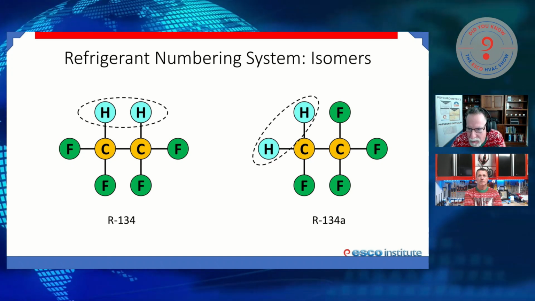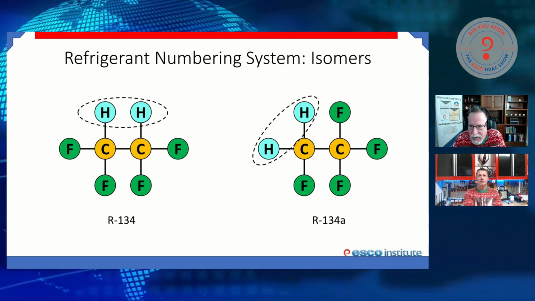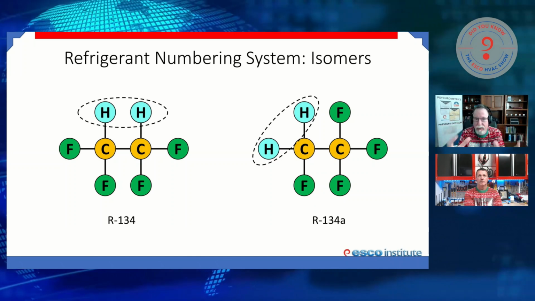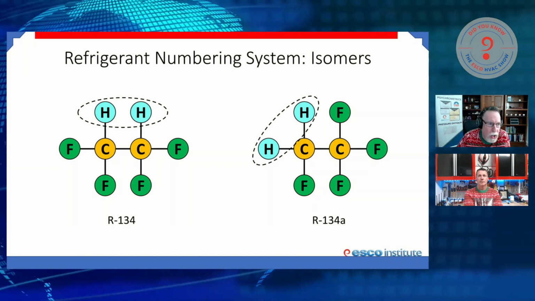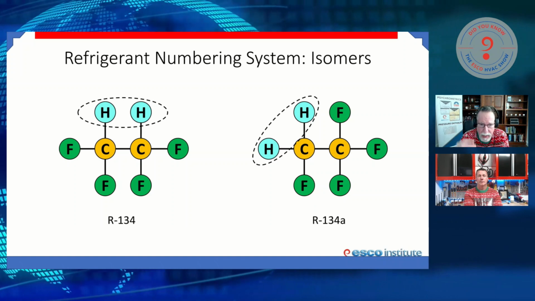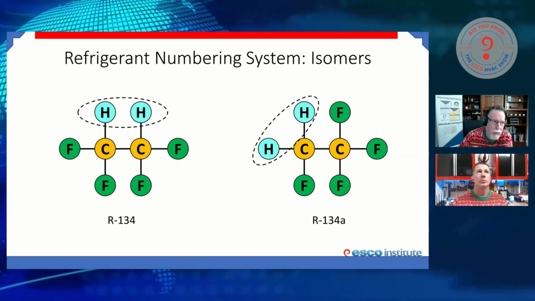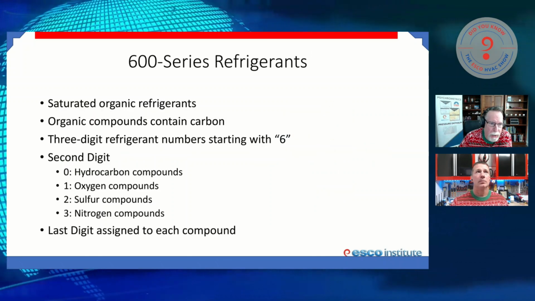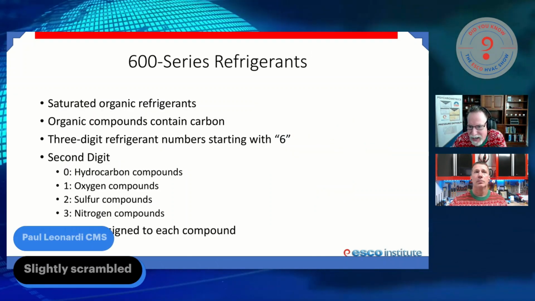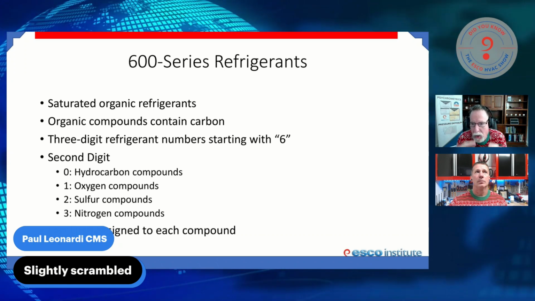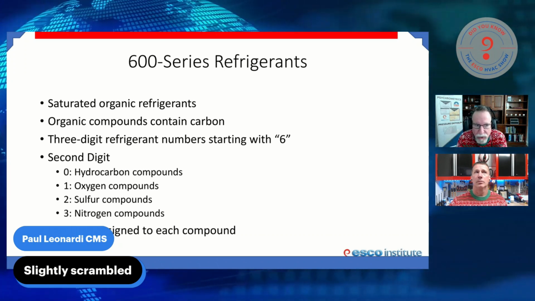That's the maximum number of hydrogens we can bond to those 2 carbons. So when we have a methane, ethane, propane, or butane molecule, those molecules are saturated. In other words, they can't hold any more hydrogen.